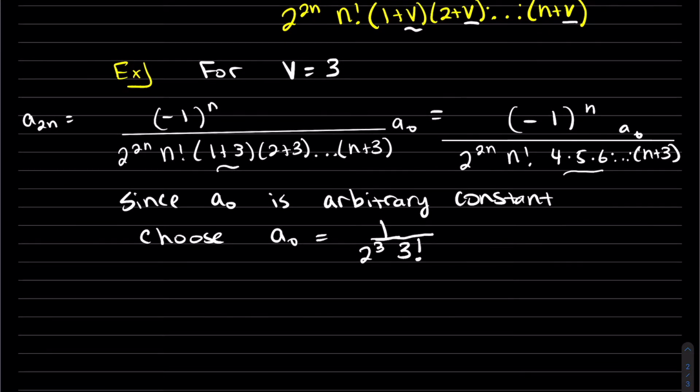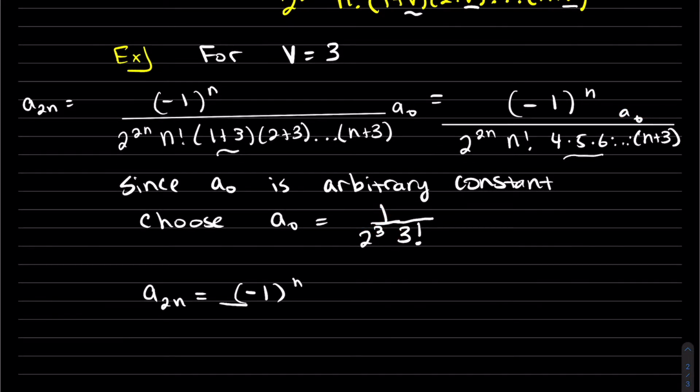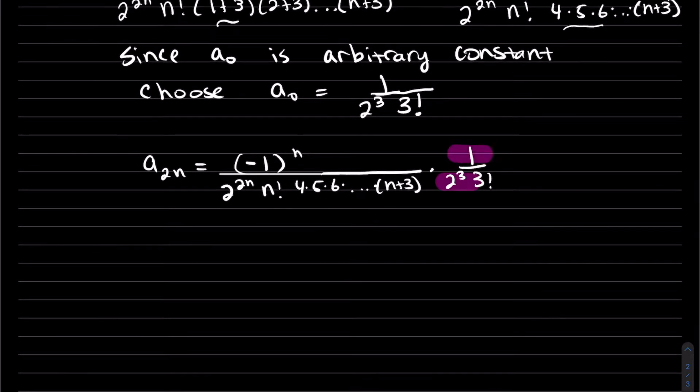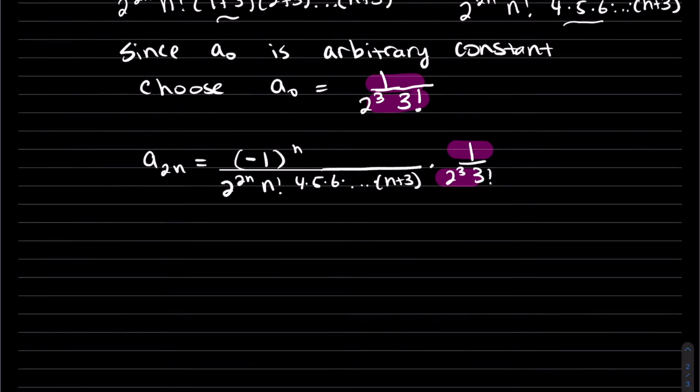And so we do that, and we plug it in there, and we get a sub 2n. So again, I'm just going to replace this with this. So let's bring these in and multiply.